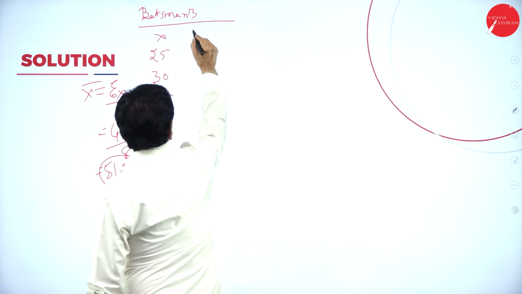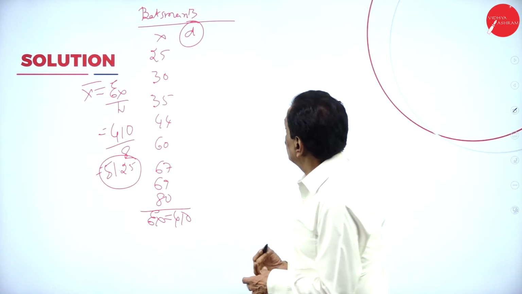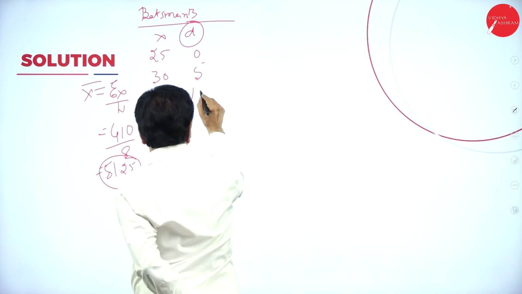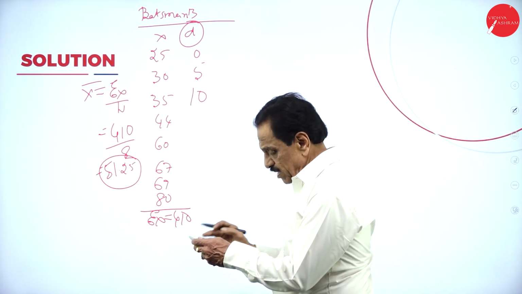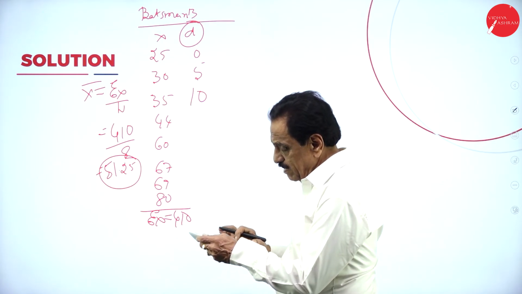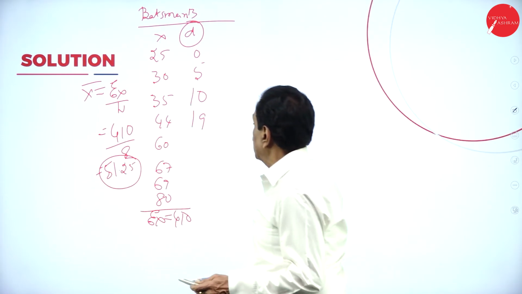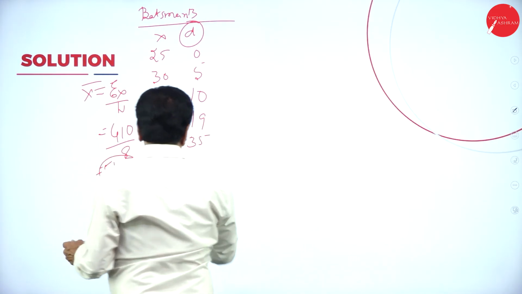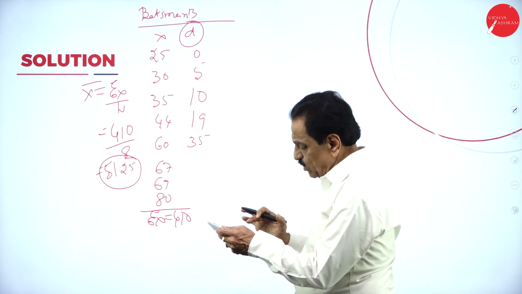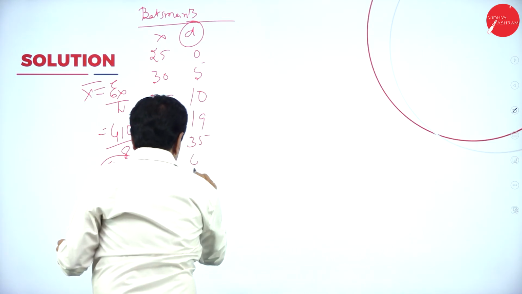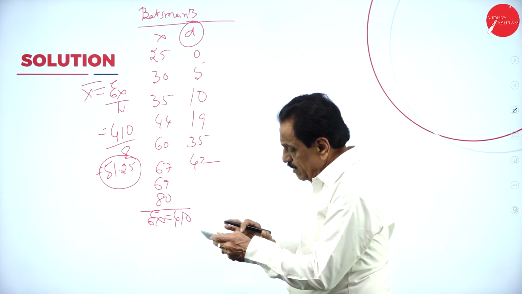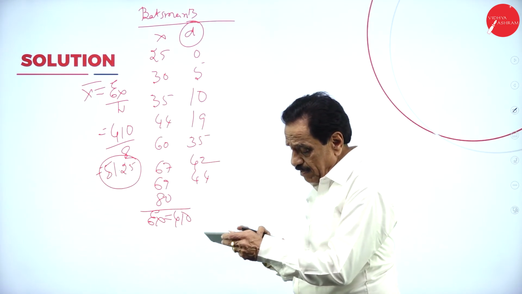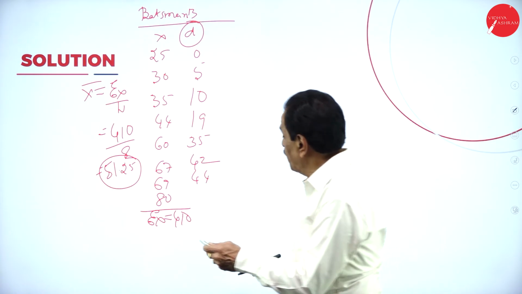Then D: the lowest number 25 is equal to 0. 30, how much more? 5 more. 35, 10 more. 44 minus 25, 19 more. 60 minus 25, 35 more. 67 minus 25, 42 more. 69 minus 25, 44 more. 80 minus 25, 55 more.